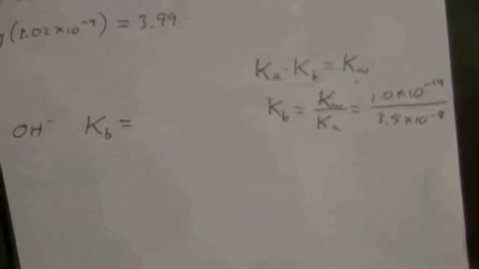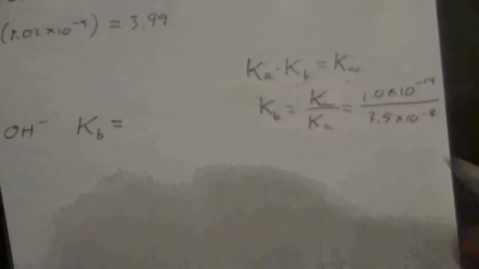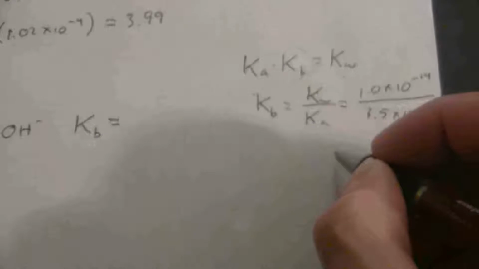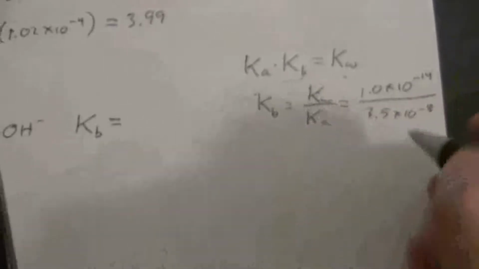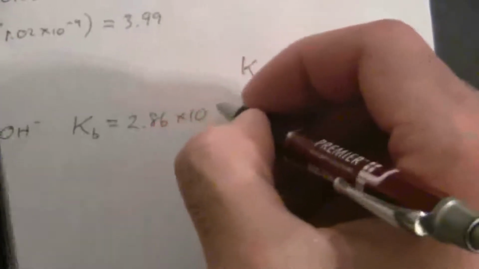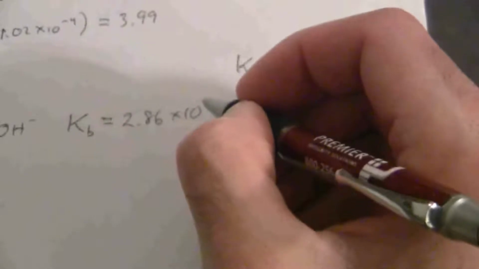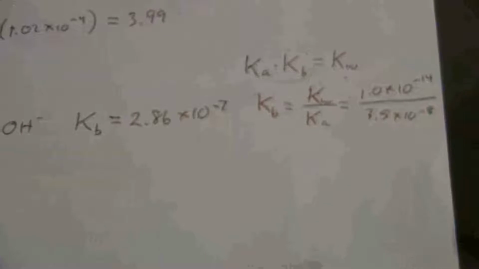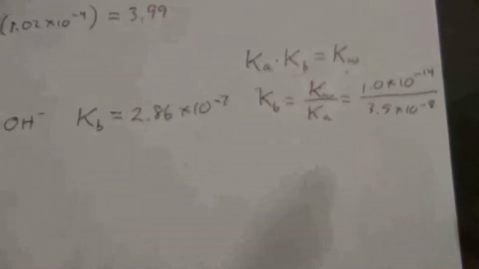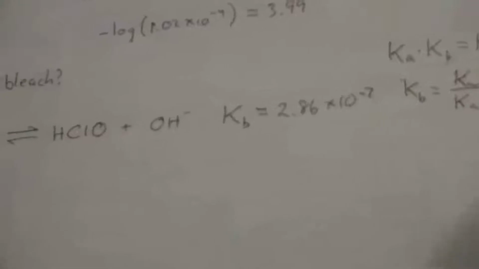If you put that in the calculator, you get 2.86, so Kb equals 2.86 times 10 to the negative 7th. That's the value I get when I calculate it.